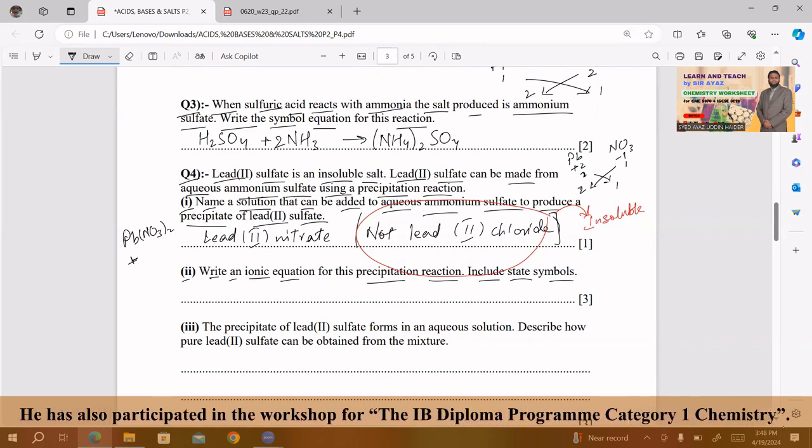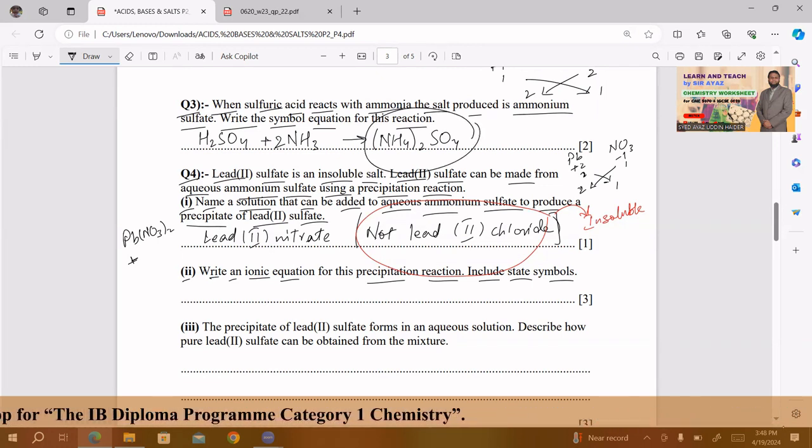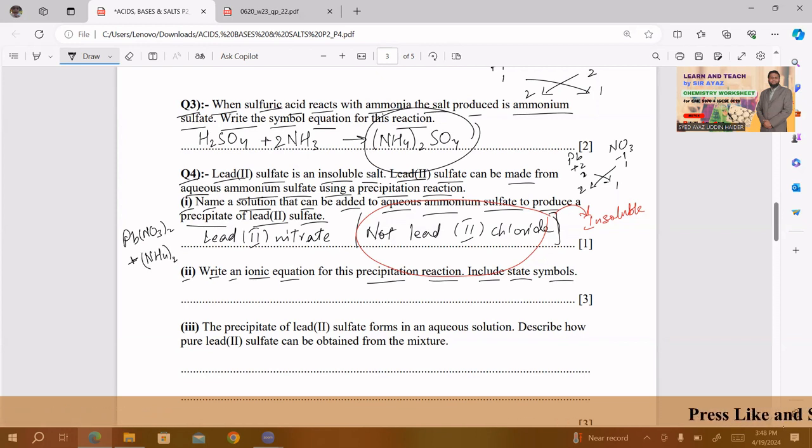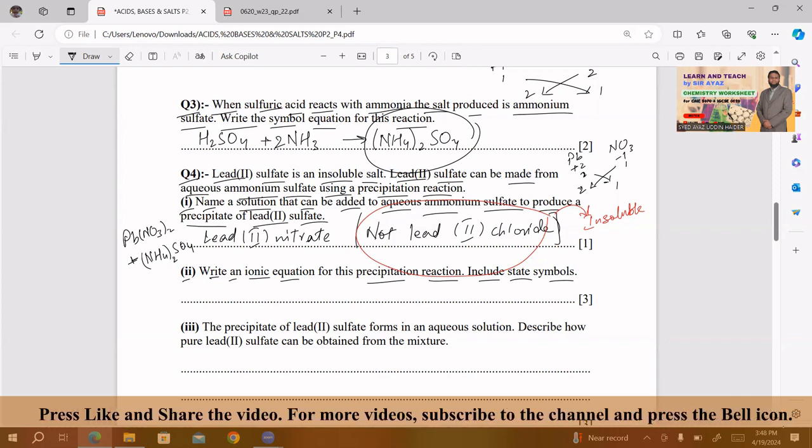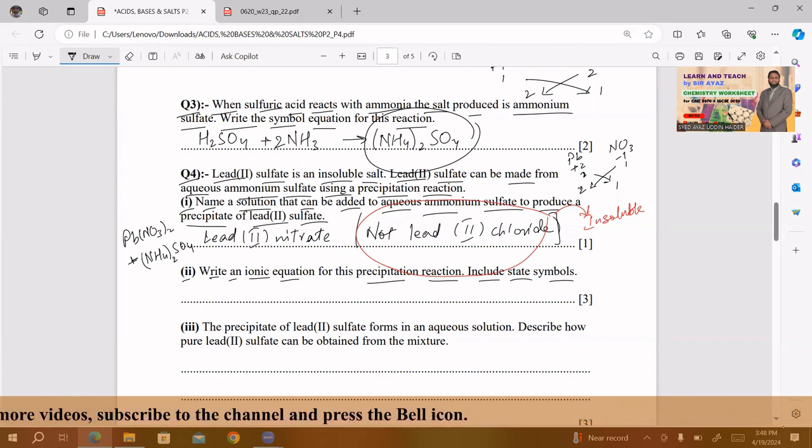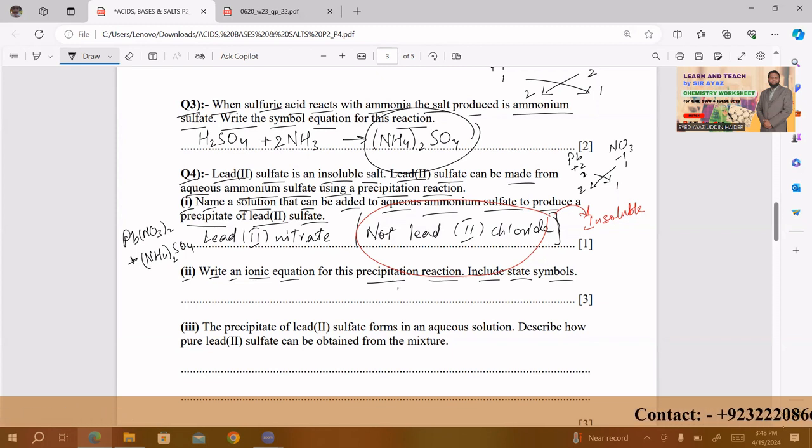I've already mentioned the formula for ammonium sulfate. This is ammonium sulfate. So you'll write (NH4)2SO4. So what are we getting? We are getting lead(II) sulfate. PbSO4 is the product, which is in the solid state. So I will write solid here. The other ions are spectator ions here.